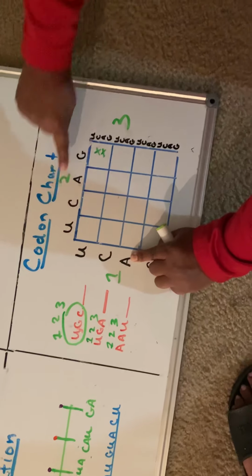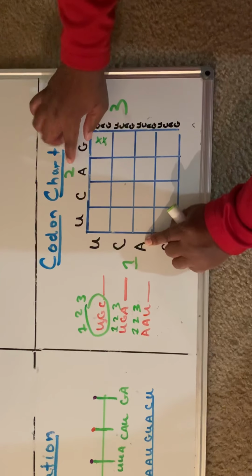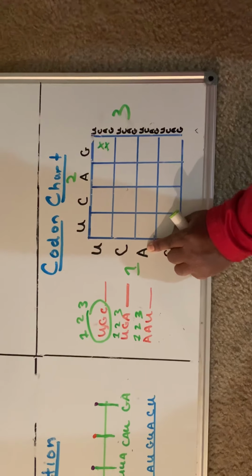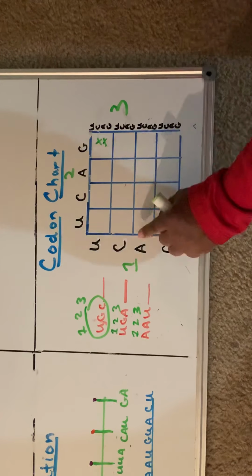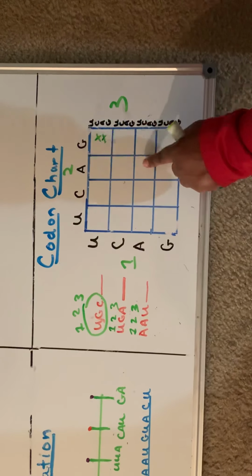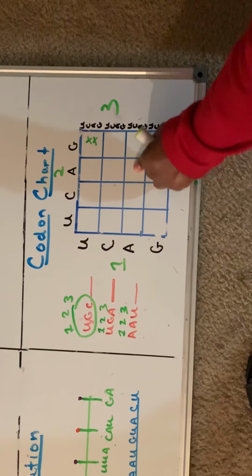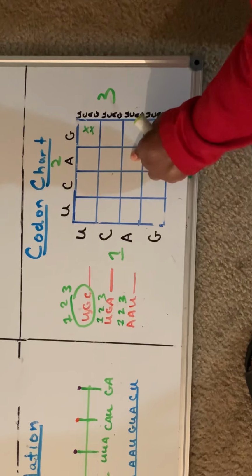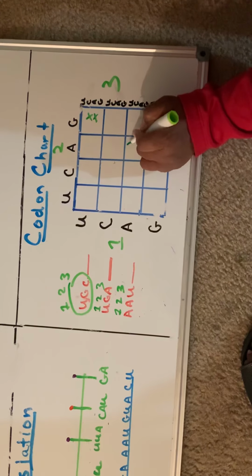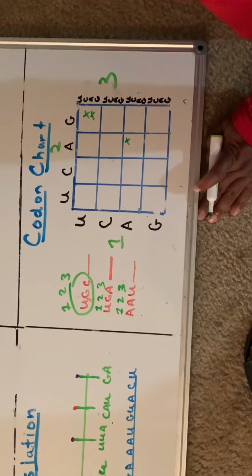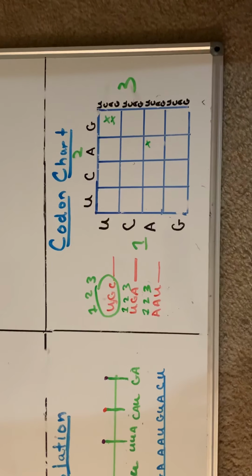So we look here at the top, at side 2, and we find the A. So not only do we know that the amino acid is in this row, but it's also in this column. And so we know that our amino acid is going to land in this box right here. And so all we have to do is look at side 3 for our final amino acid and mark it where we see the letter U.